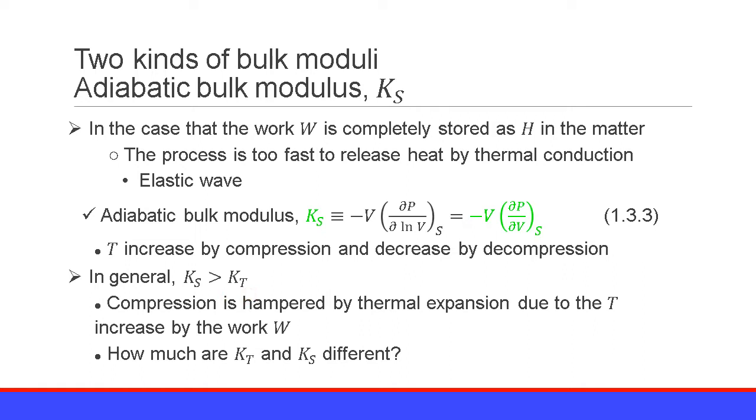Namely, the compression is impeded by thermal expansion due to the temperature increase by the work W. Then our question is how much the isothermal bulk modulus and the adiabatic bulk modulus differ.